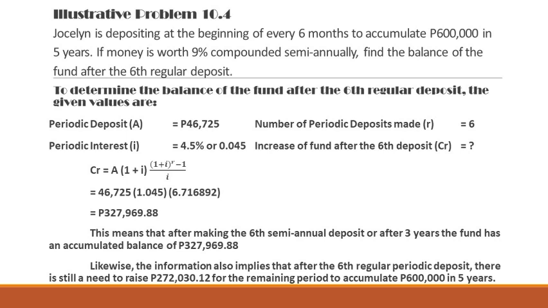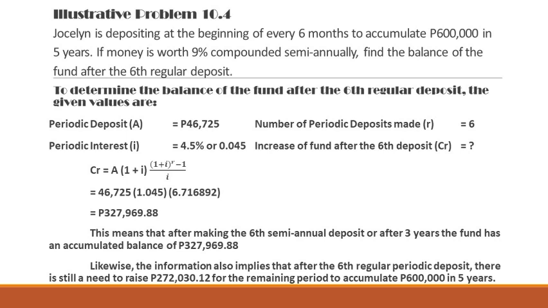Periodic deposit A is equal to 46,725 pesos. Periodic interest I is equal to 4.5%. Number of periodic deposits made, R, is equal to 6. And what we're going to find is the accumulated fund after the 6th deposit, CR. So C is what we're going to find.